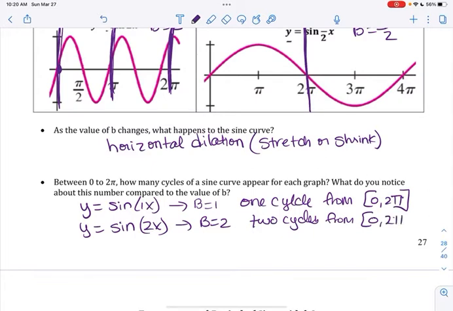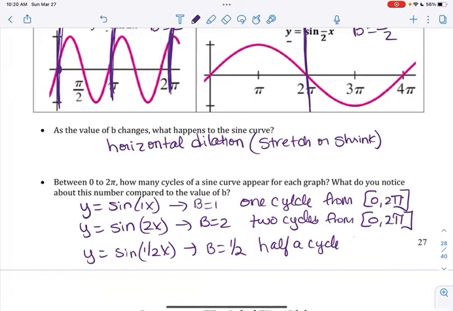So that B, that frequency, is telling me how many cycles. And when y equals sine of 1/2 x, B is 1/2, there was half a cycle from 0 to 2 pi.